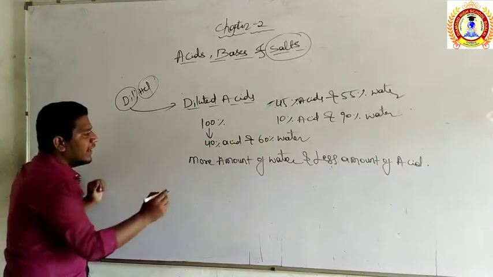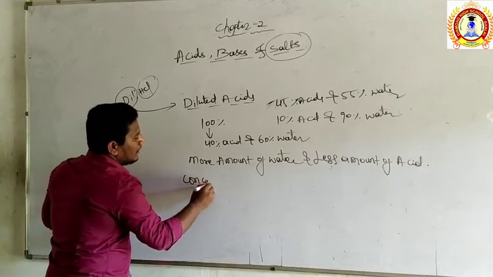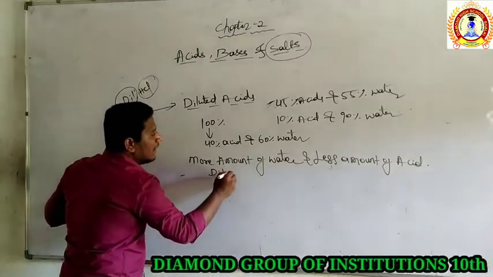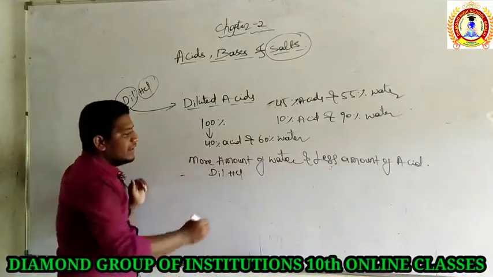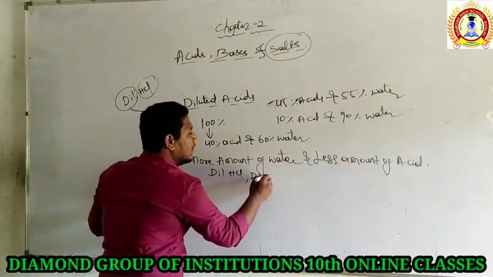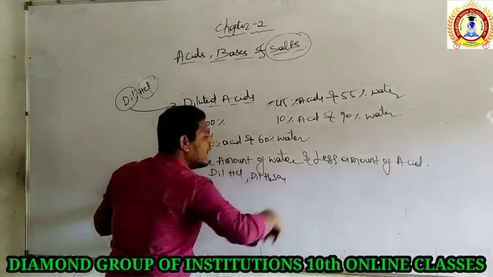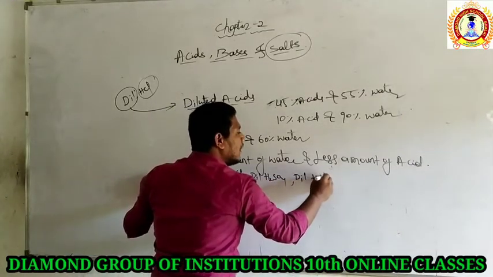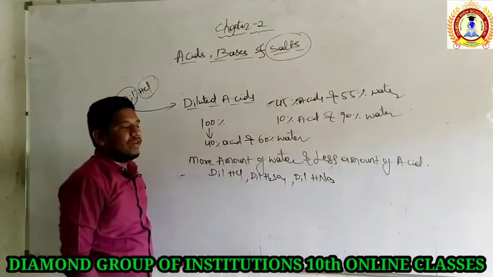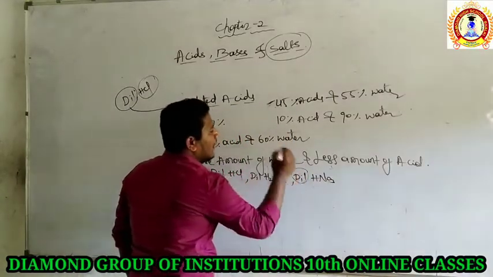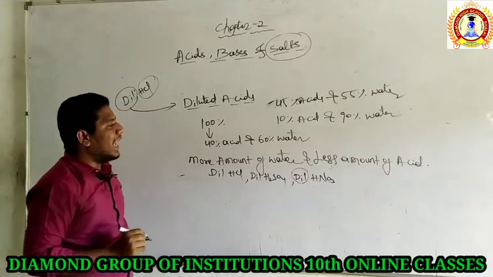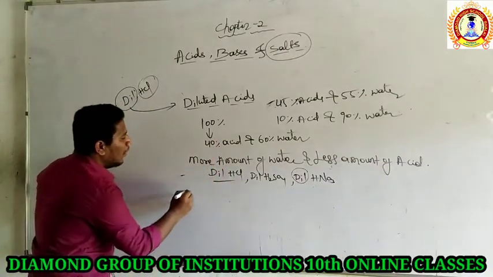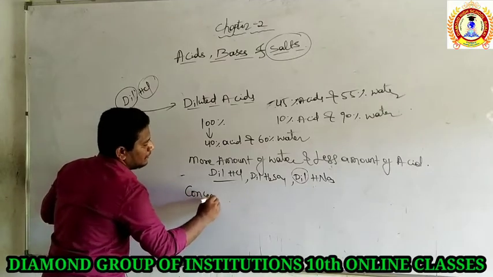Then what is a concentrated acid? Examples of the diluted acids: diluted hydrochloric acid, diluted sulfuric acid, then diluted nitric acid. If you write dil before the acids, they can be read as diluted. Now what are concentrated acids?